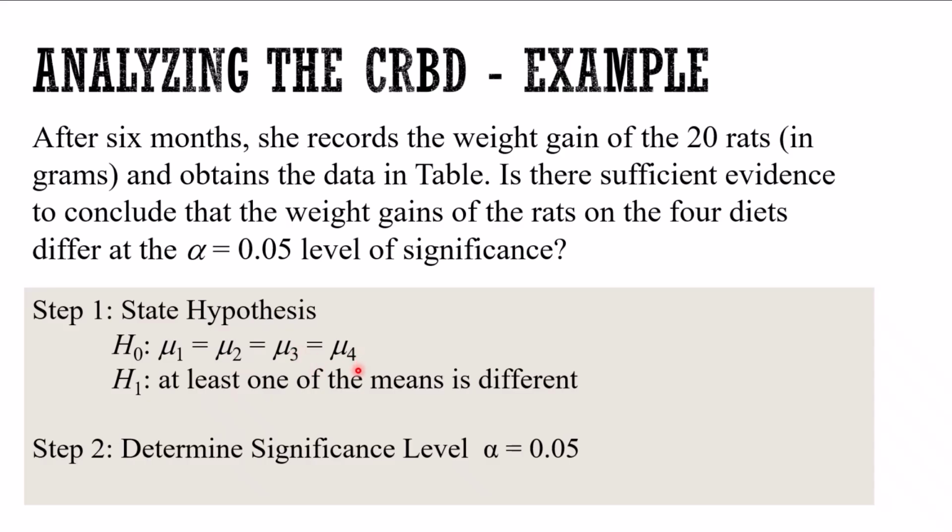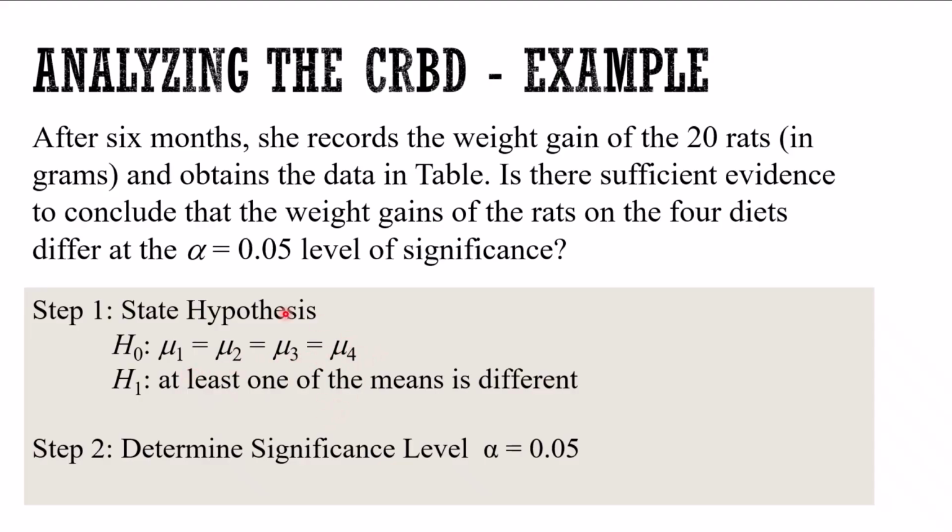The null hypothesis is going to assert that there's no difference in the effectiveness of the diets. We had 4 types of diets that we were comparing. That's why it's from mu sub 1 to mu sub 4, and all of them should be set equal to each other.